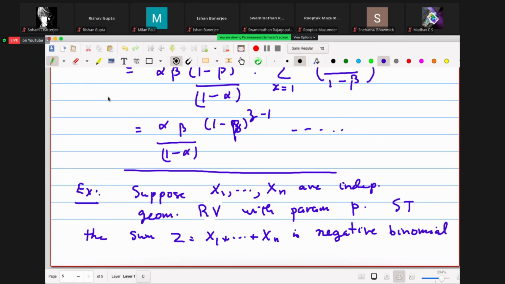Okay, so compute this. So negative binomial random variable.